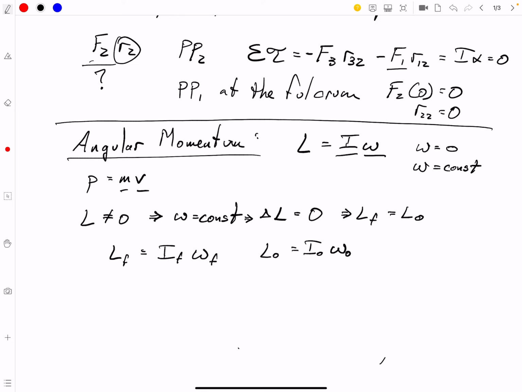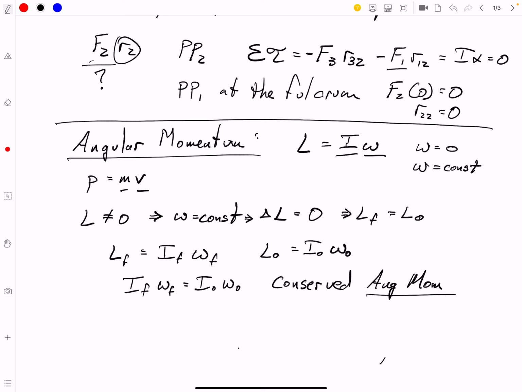And if those are equal, we've conserved angular momentum.